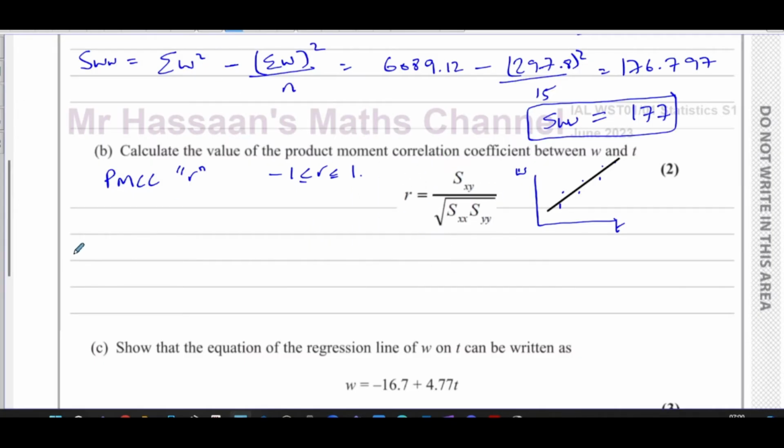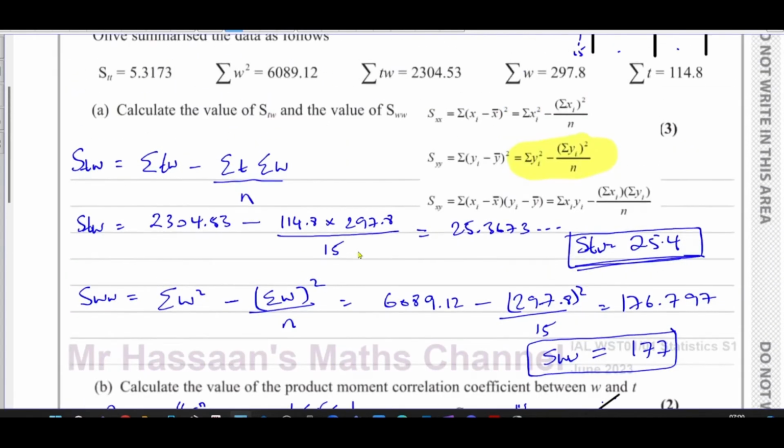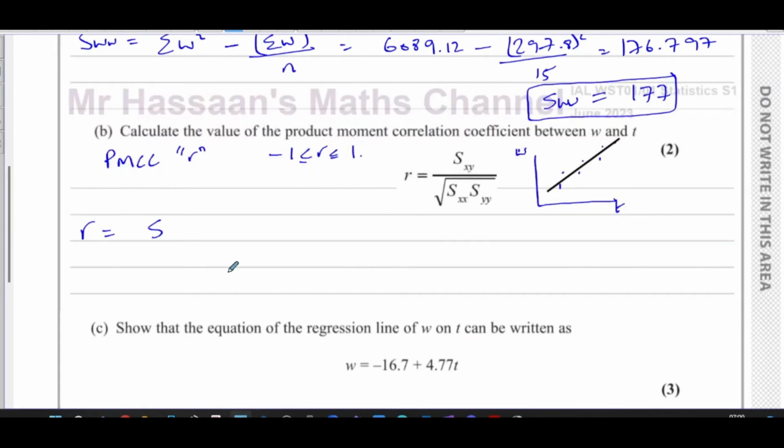So basically, the value of R is given by SXY, which in this case is going to be STW. Okay, so we need STW, which I think we found already, over the square root of STT times SWW. And all of those things we have.